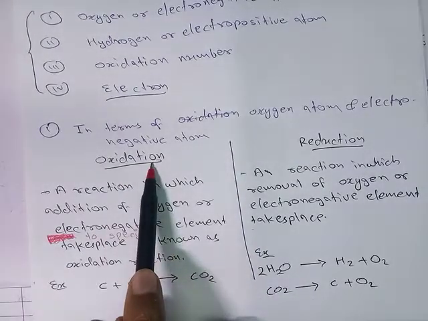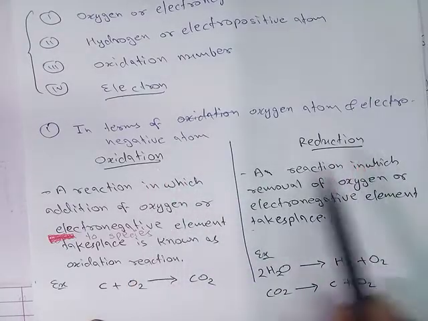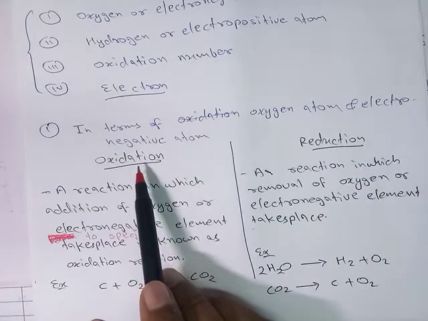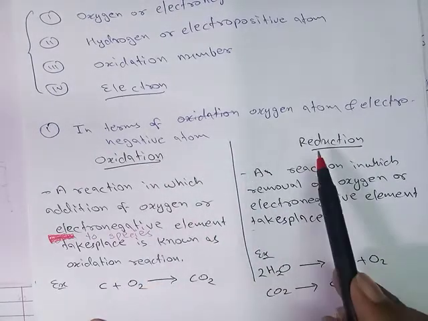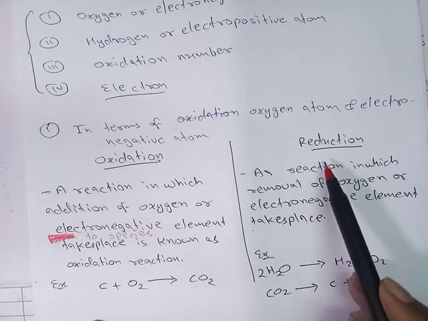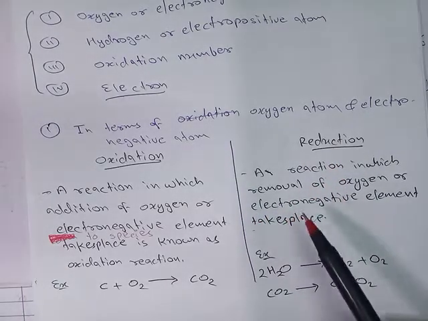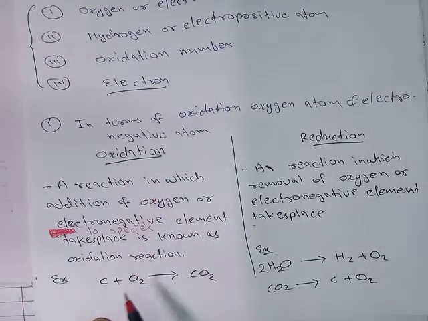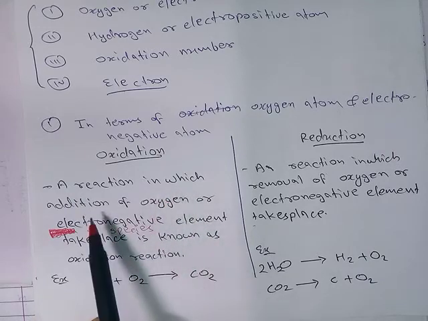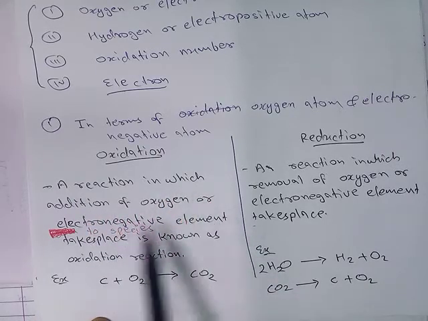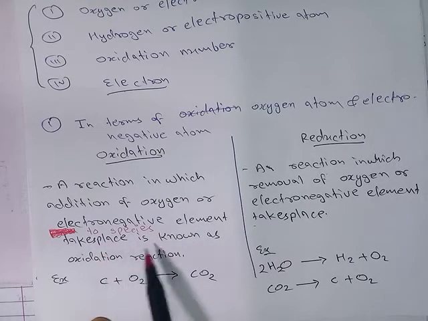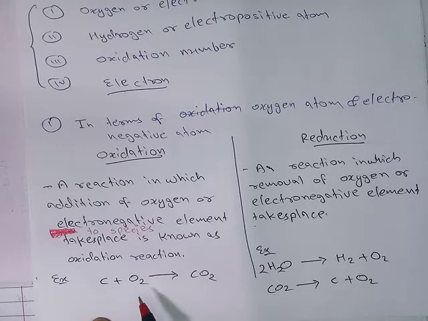Oxidation means addition of oxygen, and reduction, the opposite of oxidation, means removal of oxygen. Oxidation is addition of oxygen or an electronegative element, and reduction is removal of oxygen atom or electronegative element. So the definition of oxidation reaction is a reaction in which addition of oxygen or electronegative element to a chemical species takes place.